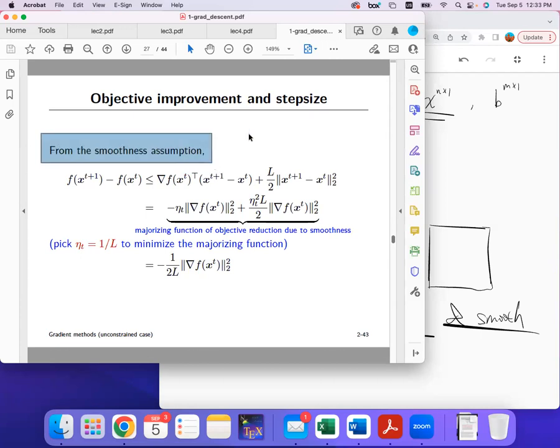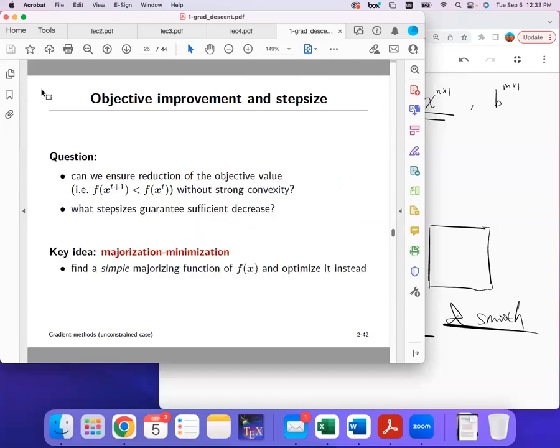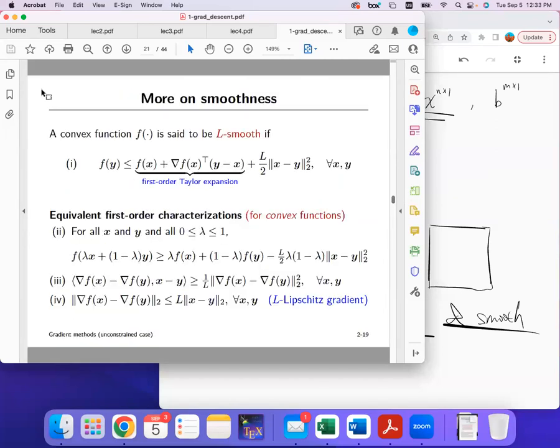So from the smoothness assumption, we know that this inequality holds. Let's look at the first inequality, because function f is assumed to be smooth. And last time we discussed that for smooth functions we have many equivalent conditions: a convex function is smooth if the following conditions hold.